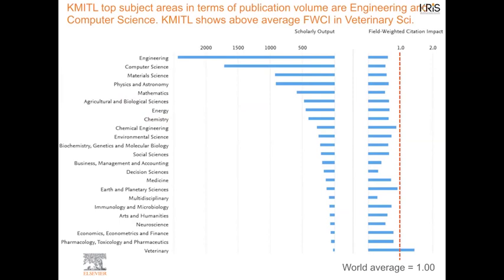If you look at chemical engineering, you see the citation impact is getting close to world average. That's good. Also earth and planetary sciences is close to world average. And in veterinary science, it's only a few papers, but the impact is about 20% more citations than world average.